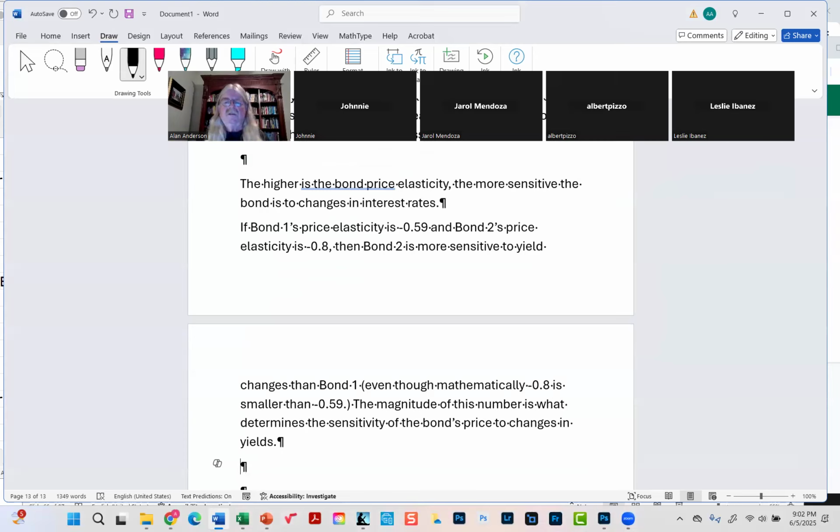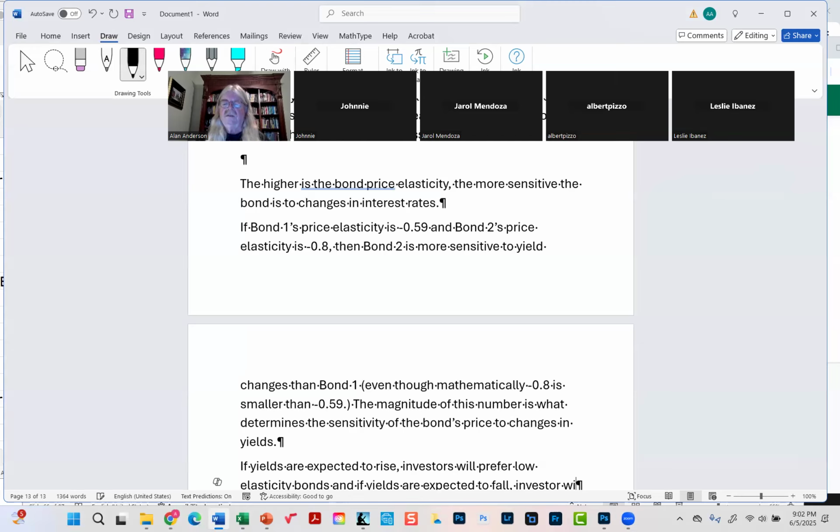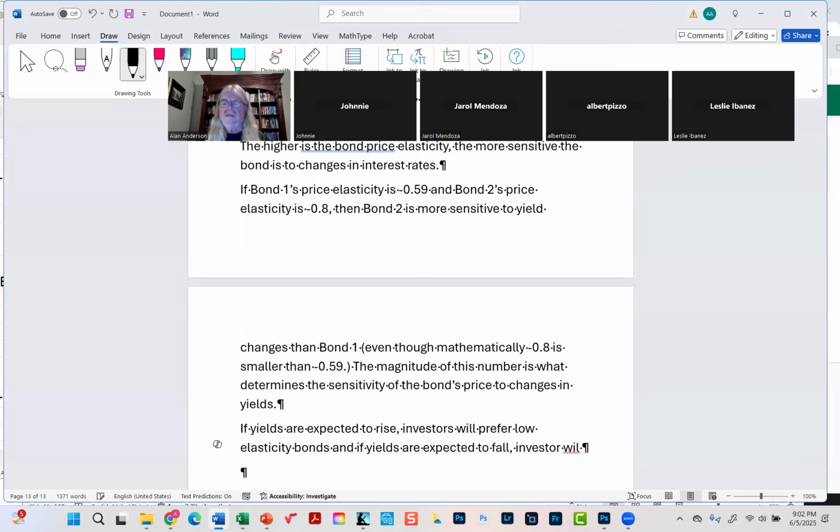So if yields are expected to rise, investors will prefer low elasticity bonds. And if yields are expected to fall, investors will prefer high elasticity bonds.